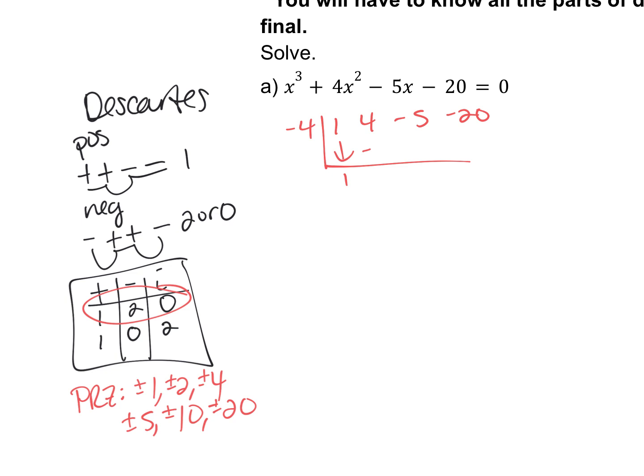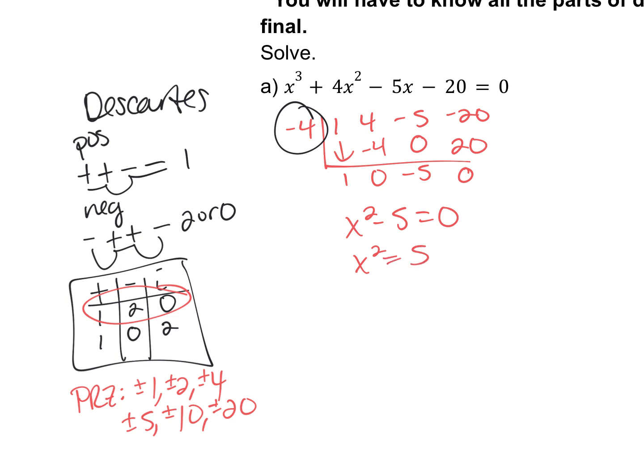So 1, negative 4, 0, 0, negative 5, 20. And so this is going to be 0. So I know I have one answer right there. And then this gives me x squared minus 5 equals 0, right? Because we're going to set that equal to 0. So x squared equals 5, square root, so x equals plus or minus square root of 5.